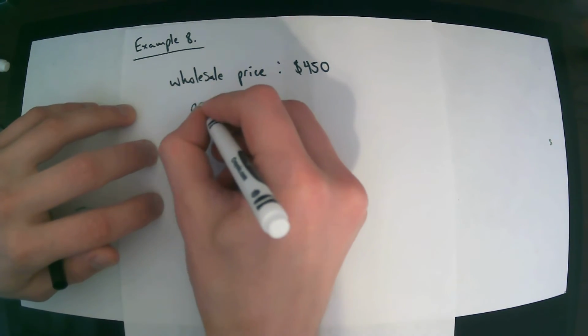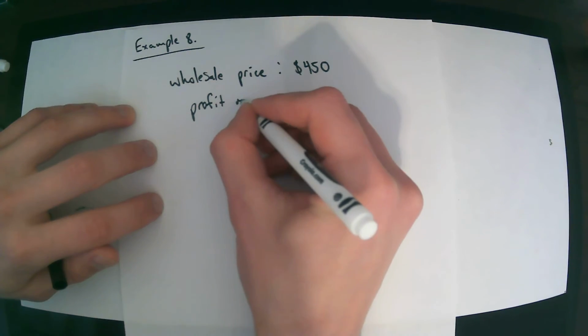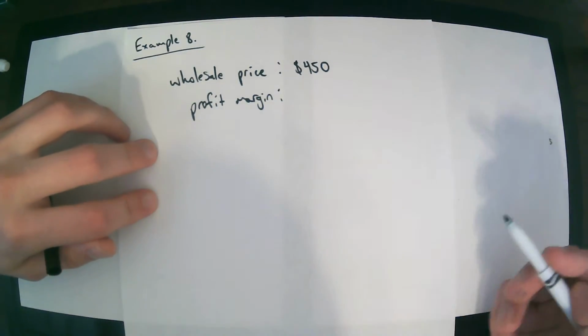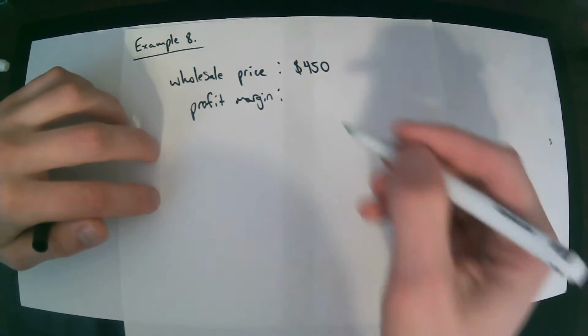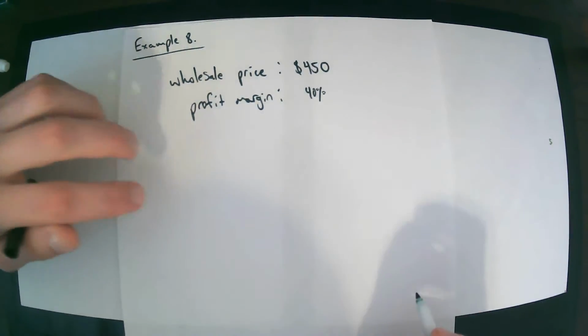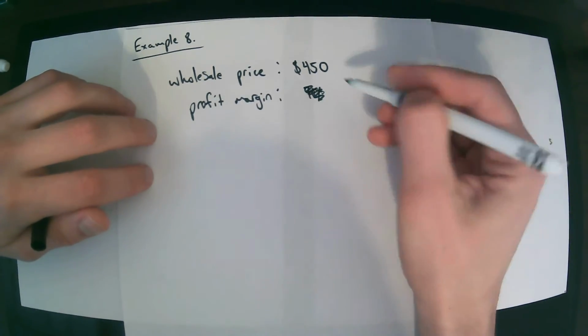We want a profit margin. Profit margin means how much of this is going to be our profit. And it's given as a percentage. Let me say that a bit clearer.